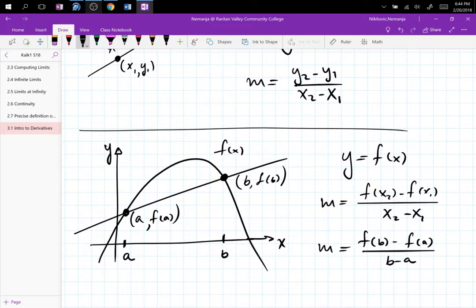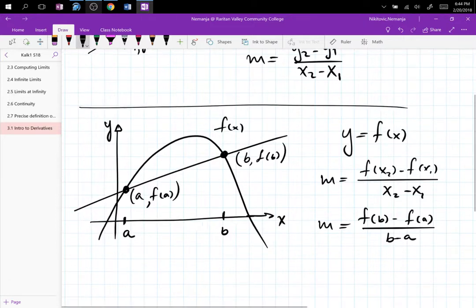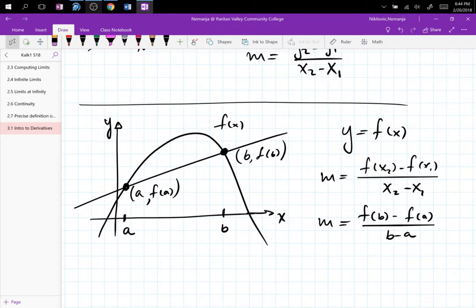Because this line cuts through the function, right? It cuts into 2 parts, 2 pieces. So we will call this slope m secant. So I'm just going to add SEC for secant, which means to cut.